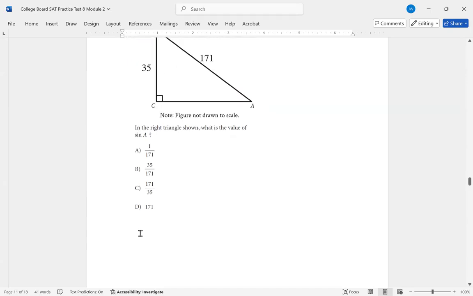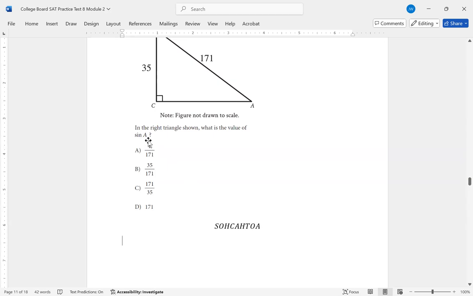But the thing that we're going to use is the mnemonic SOHCAHTOA, which tells us that sine of an angle is equal to the side opposite divided by the hypotenuse. Cosine of an angle is calculated by taking the adjacent over the hypotenuse, and the tangent of an angle is the opposite over the adjacent.